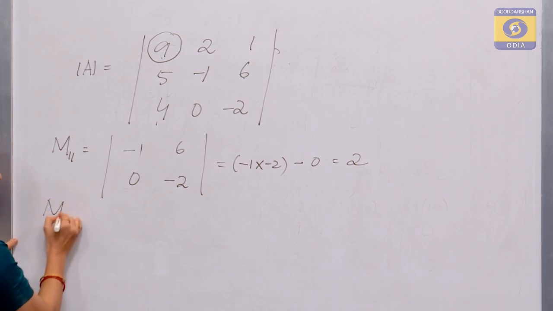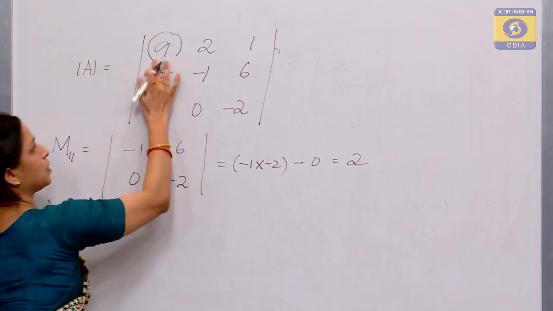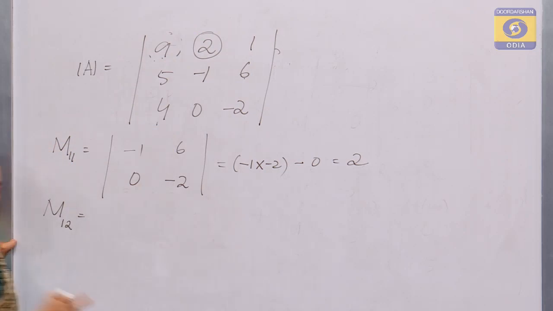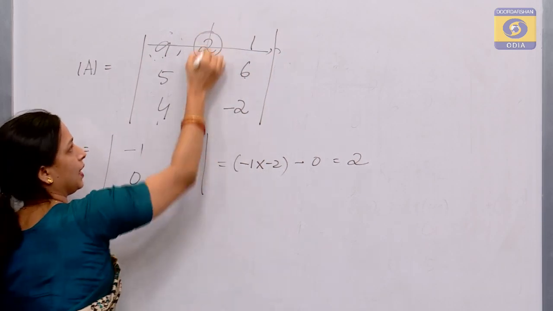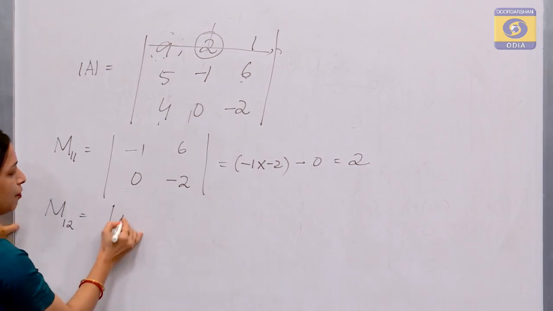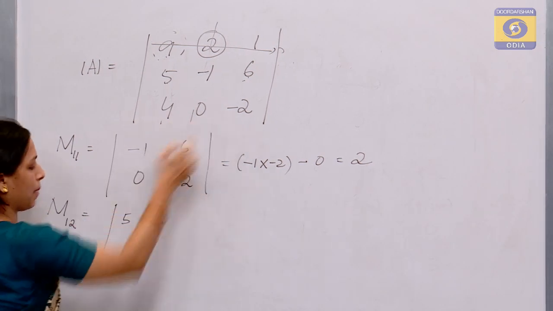Similarly, let us say M12. M12 means which element? 2. So, first I need to find out the second order determinant. I delete the row and the column in which 2 exists and form the second order determinant. What is remaining? 5, 6, 4 and -2.